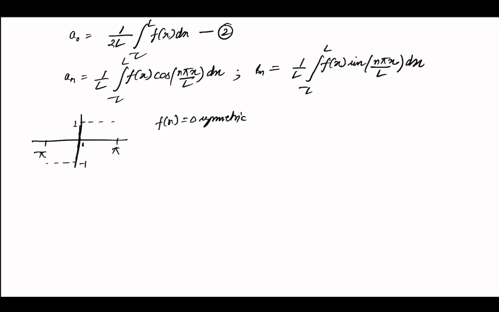And for an odd function, the coefficient a naught, this integral from minus pi to pi, will vanish because this is an odd function. Similarly, your an will also turn out to be 0. So both these coefficients, a naught and an, vanish just because the function is odd. So we will only be left with bn.